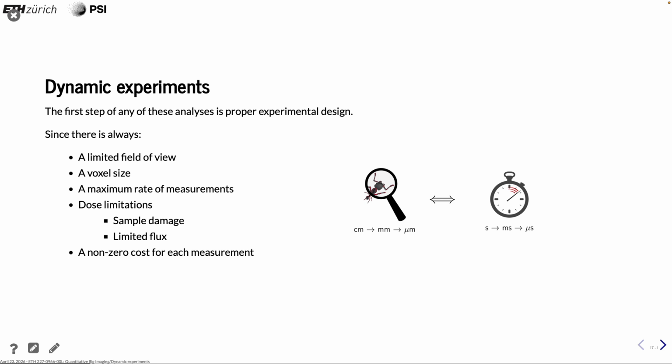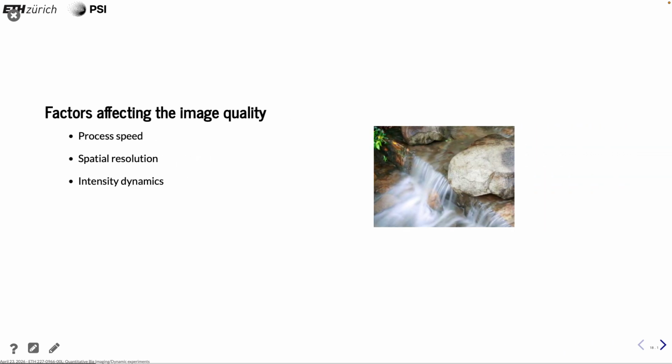Or else you need tiny, tiny details, but then you have to pull down the temporal resolution to match the signal to noise ratio that you would need. And of course, the factors that affect the image quality are, first of all, the process speed, how fast things are moving, the spatial resolution, and also the intensity dynamics, because at some point you don't see sufficient contrast to really detect what you want to.